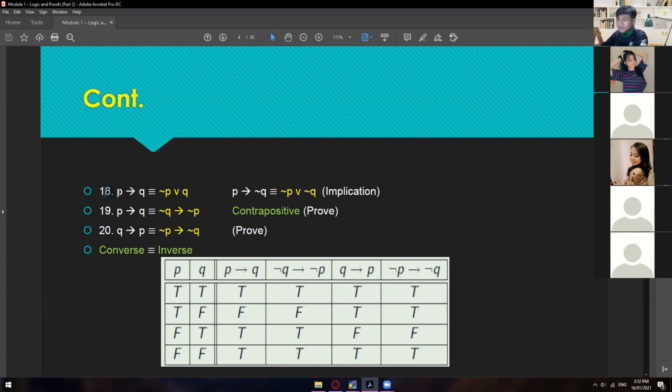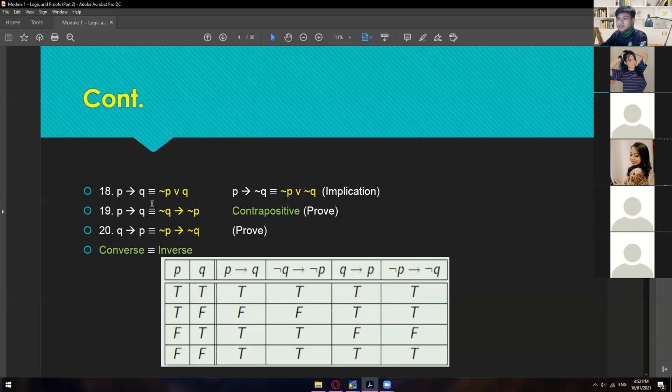So for number 18, 19, and 20, I will leave the research part to you guys on how they come up with this expression. For now, the only thing I can advise is to memorize, or not really memorize, at least familiarize yourselves with 18, 19, and 20. So for implication, as you can see right here, our conditional became OR.